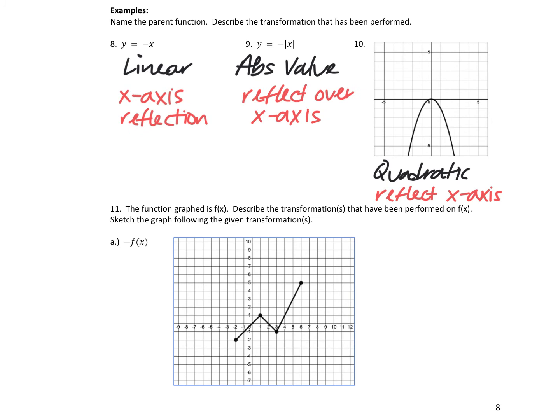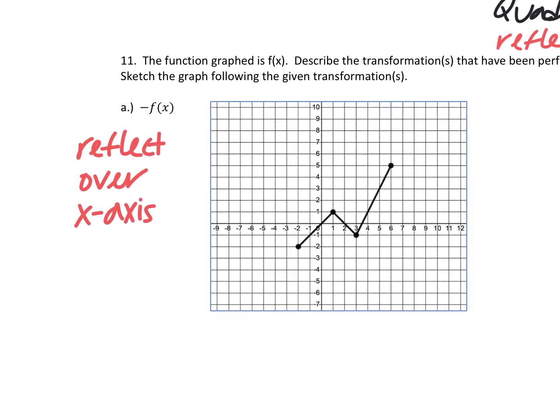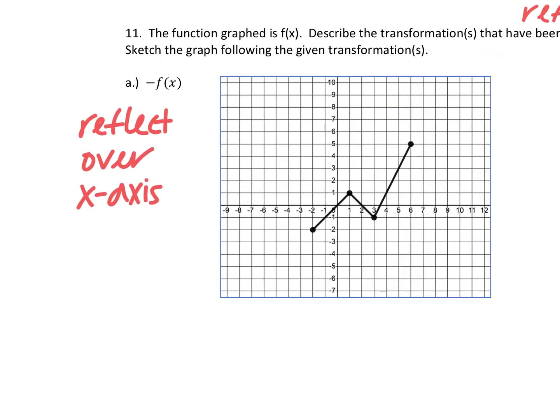So you see some random f of x function, I think it's the same one we used on the previous page. Describe the transformation, and then sketch the graph. You see the negative in front, that means you're going to reflect it over the x-axis. So it flips. Just like you did in geometry, you take each point, and this is my x-axis here.